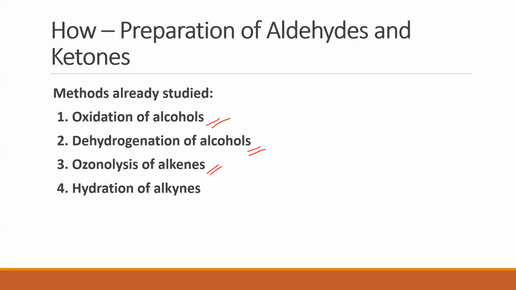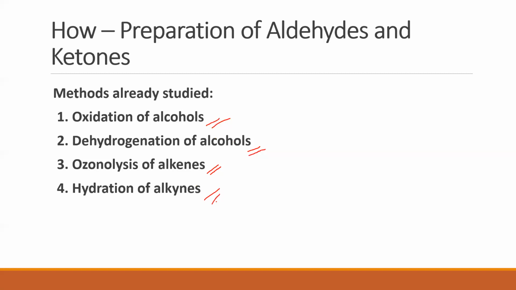Alkenes, they undergo ozonolysis to give an aldehyde or a ketone. Finally, the fourth one, hydration of alkynes. Again, something that you have come across in the previous year. Alkynes, one of the chemical properties was hydration. Hydration of alkynes can also give us aldehydes and ketones.